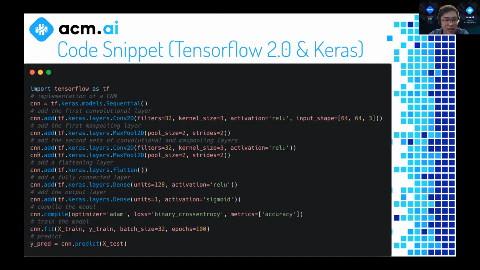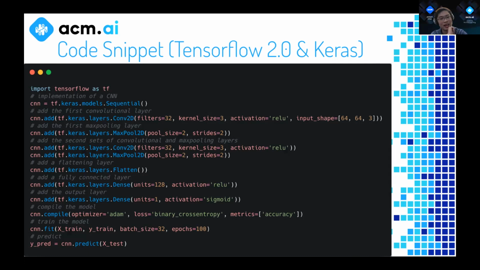And then it's pretty common for us to have multiple sets of convolutional and max pooling layers to extract higher and higher level features. We can think of this as a hierarchy. Back to our face recognition example, the first convolutional layers might extract something really simple, like an edge or a corner or some color gradient.